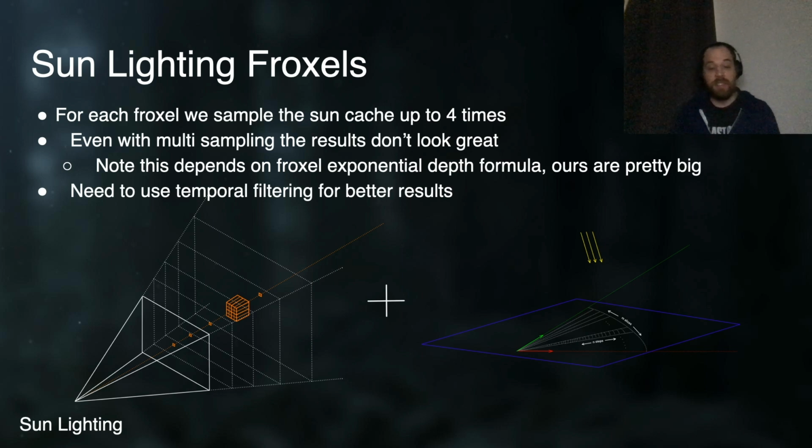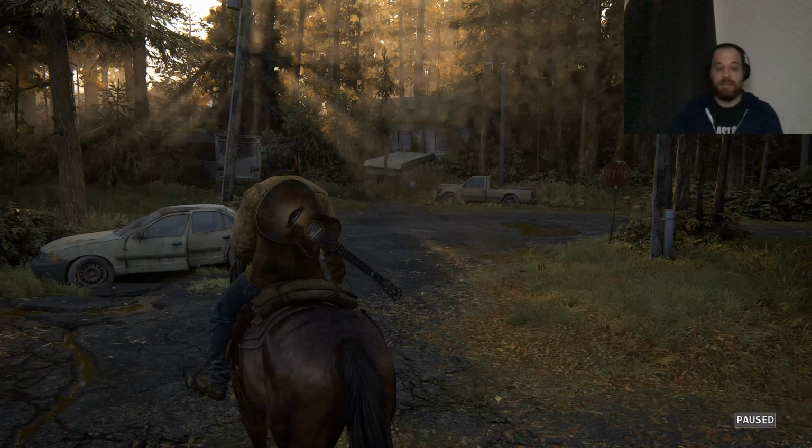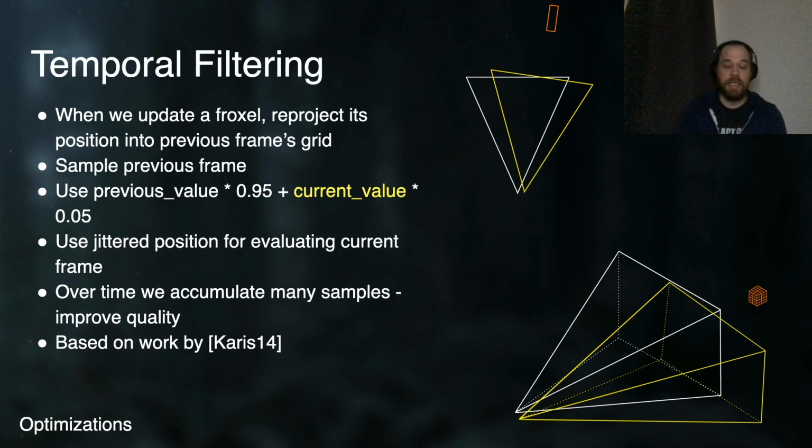As far as when we actually do the lighting, for every Froxel we sample up to 4 times to multi-sample our shadow cache because our Froxels are pretty deep, and that gives us results. And of course, there's going to be issues like the noise that we just saw in the screenshot, and that's because we need temporal filtering.